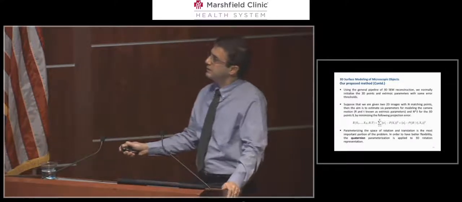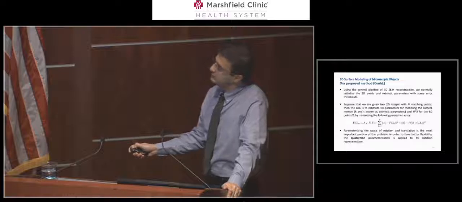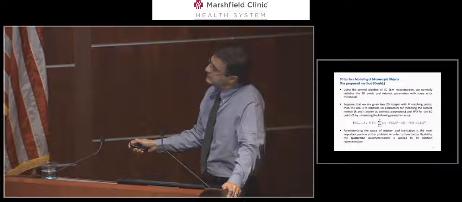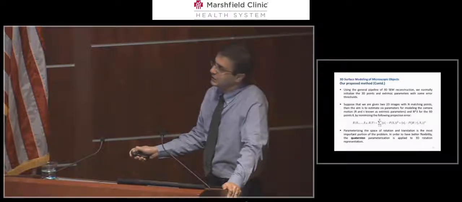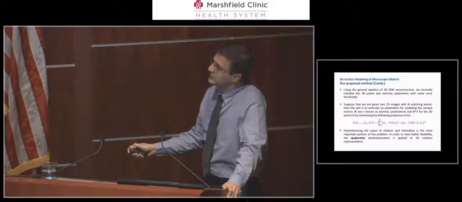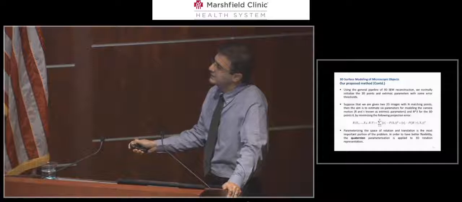So the minimization function here would be such a function in which x1 to xn are 3D points, R and T are rotation and translation, and x is the 2D projection in the first position of the camera and in the second position of the camera.